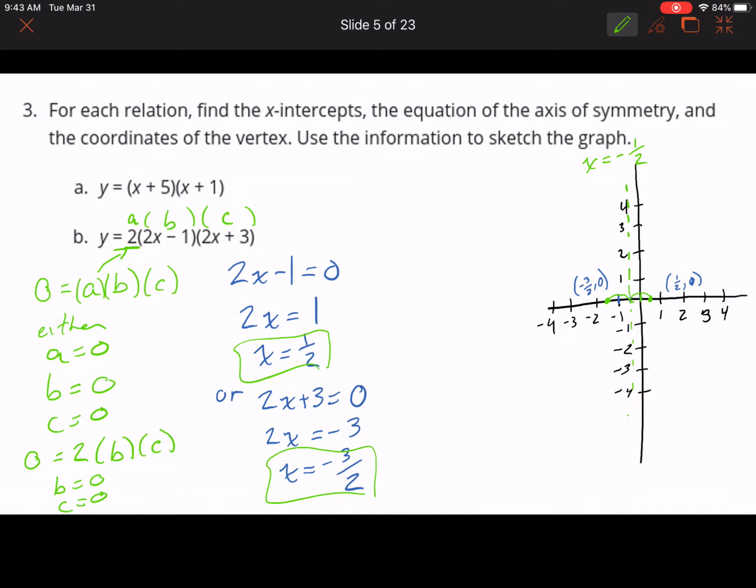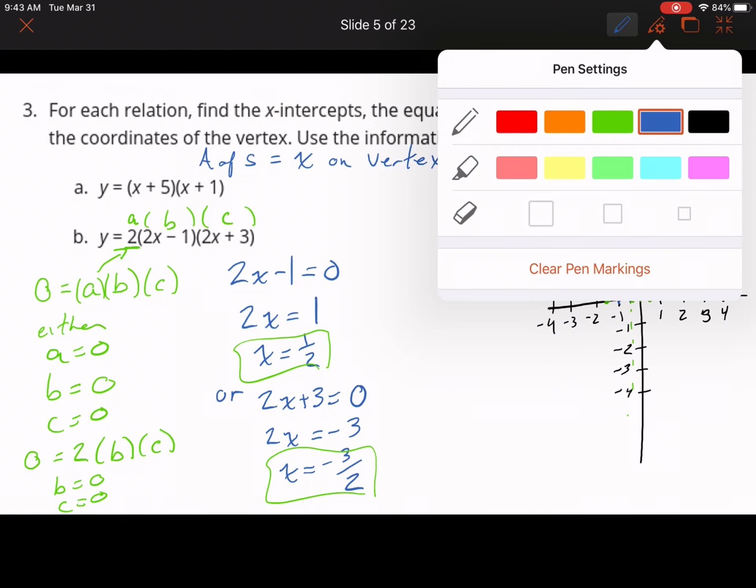As always, the axis of symmetry equals the x on the vertex. So this is something you need to remember. So we know that the vertex is going to equal -1/2 and something. We need to do the math to figure out the rest there.